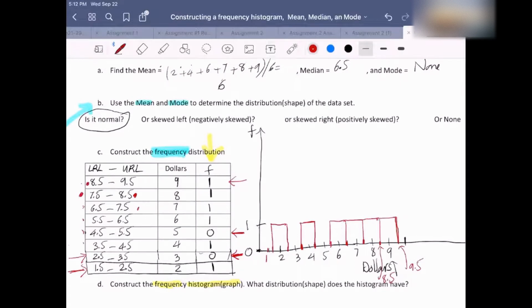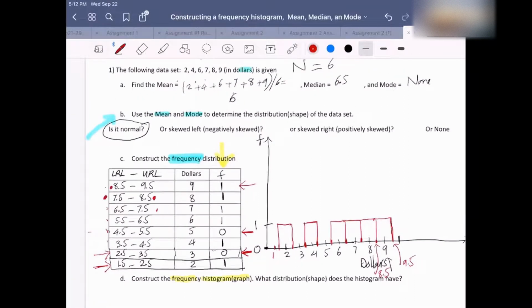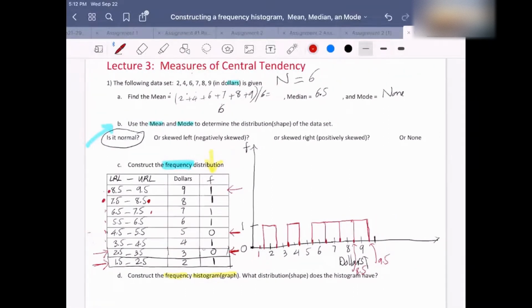All right, so let's look at part A that we just did. Many of you guessed the answer for part B is normal, right? The distribution, or the shape of the data set, was normal. But what is the shape of this graph, everyone, after you graphed it?